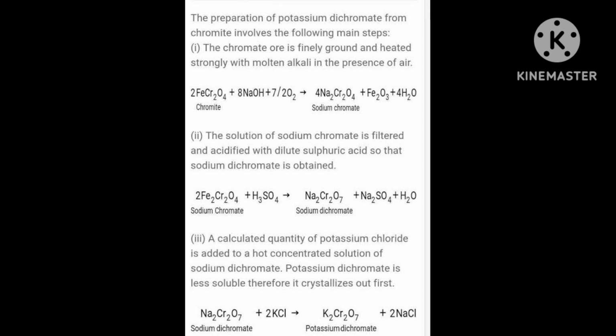Now the reaction: 2MnO2 plus 4KOH plus O2 gives two products, K2MnO4 plus 2H2O. Here O2 is functioning as the oxidizing agent, which you get from KNO3, potassium nitrate.